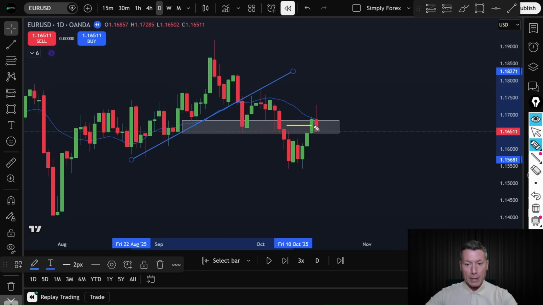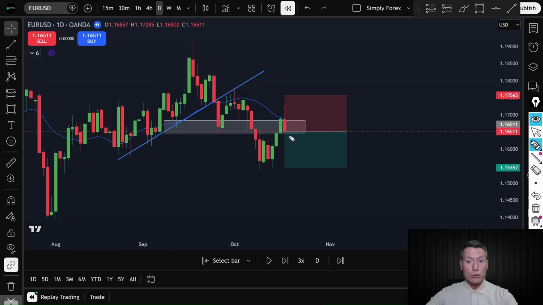We've pinpointed this level here. We've got horizontal resistance. We've got this dynamic resistance as well. And then the final piece was the big bearish candle. Now, combining all of these things should lead to a high probability trade, and we can then enter the trade.